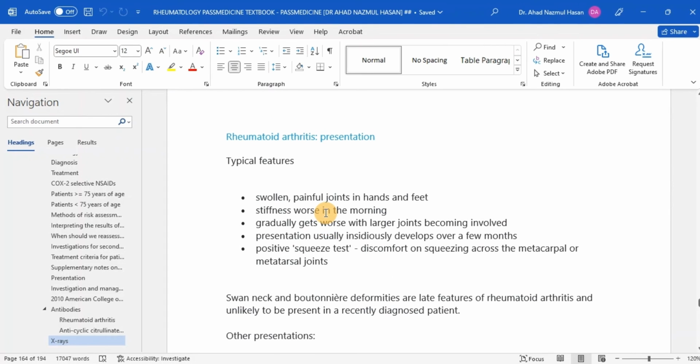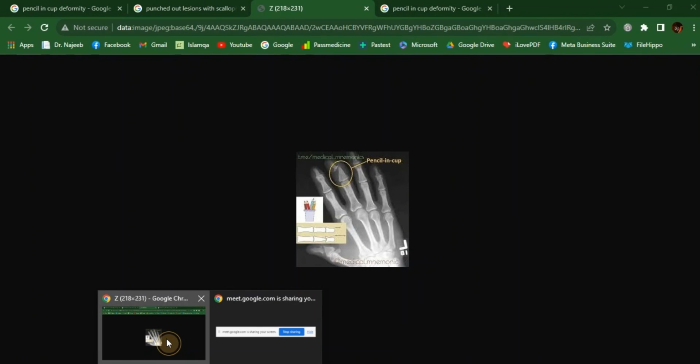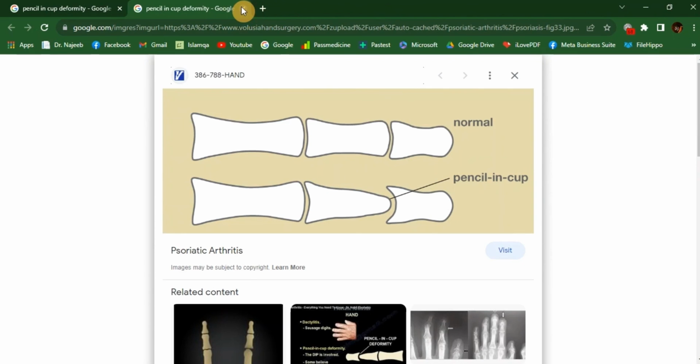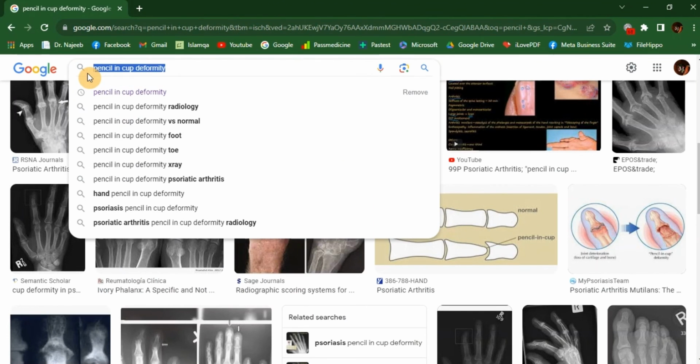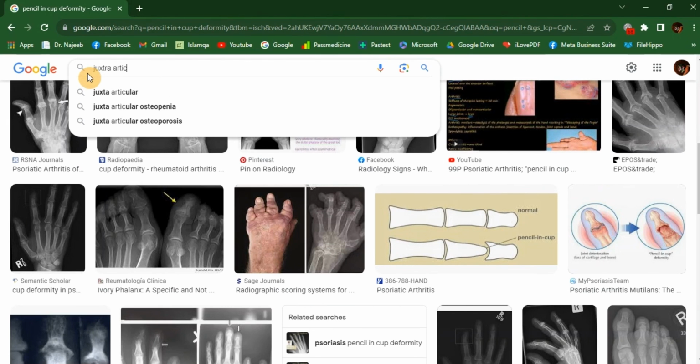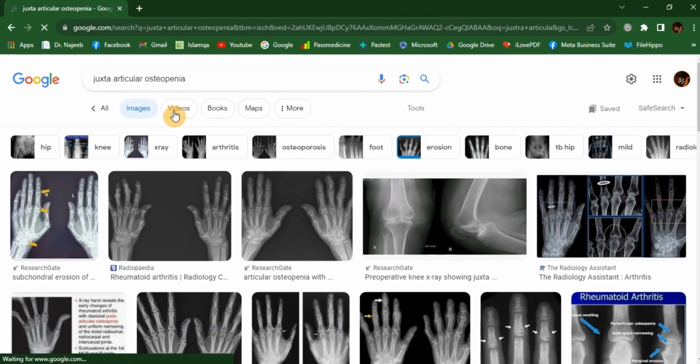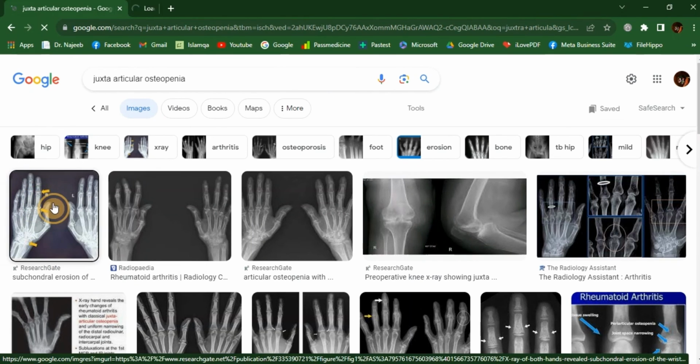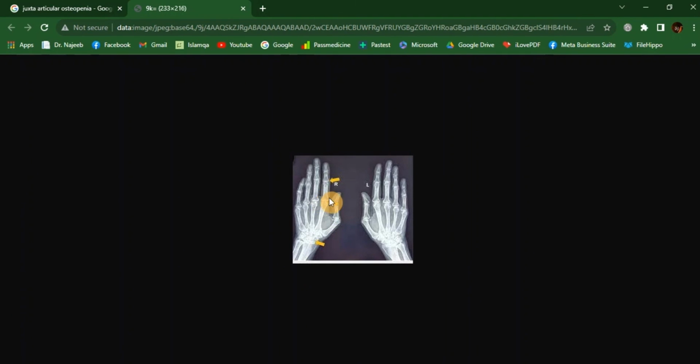What is the earliest radiological finding in rheumatoid arthritis? Juxta-articular osteopenia. Juxta means across, so juxta-articular means across the articular surface. This is the earliest radiological finding in rheumatoid arthritis.